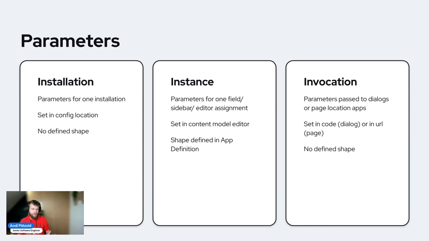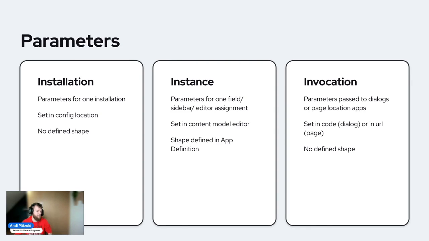Those also don't have any defined shape, but as the whole of Contentful works on a JSON API, they also must be JSON serializable. So I guess it's obvious, you can't persist React elements or similar things into your parameters.